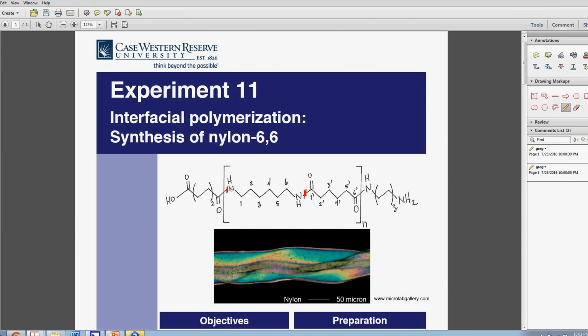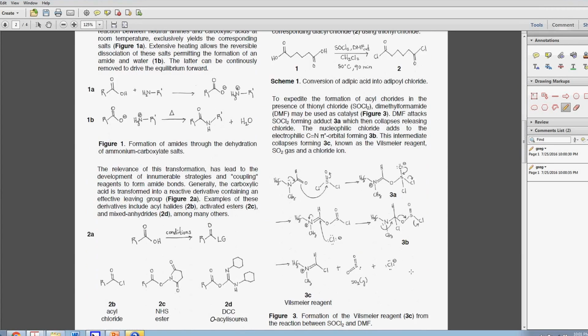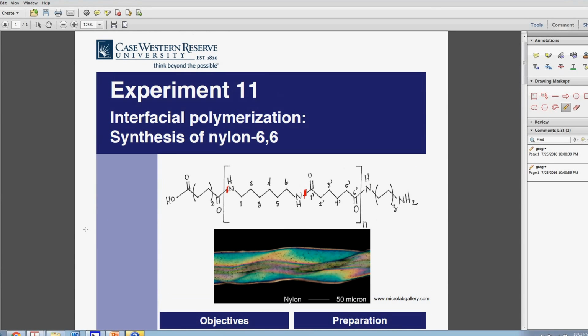Alright, so again, what we need to talk about is how we're going to make this repeating unit of this hexamethylene diamine and adipic acid polymer. If you think about the overall chemistry that we're talking about here, really the key is how do we form these amide bonds, right?